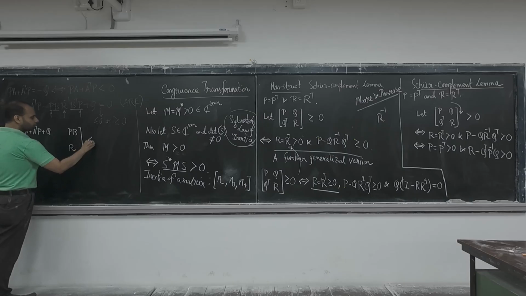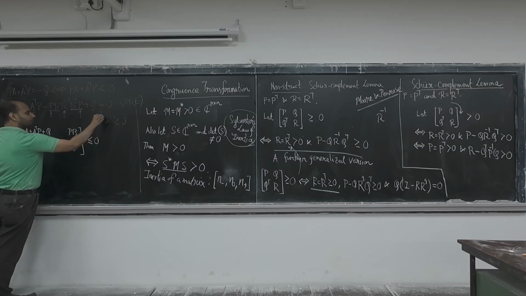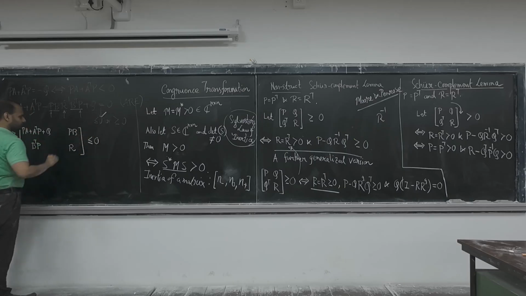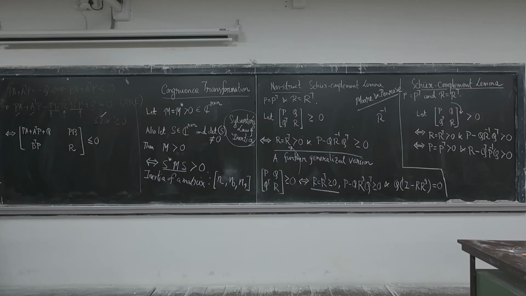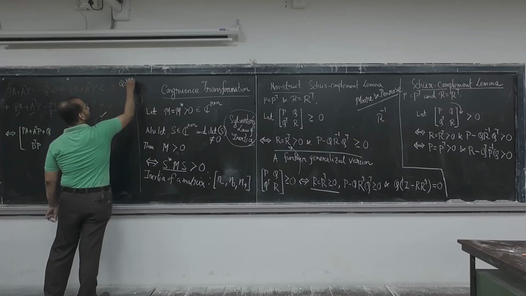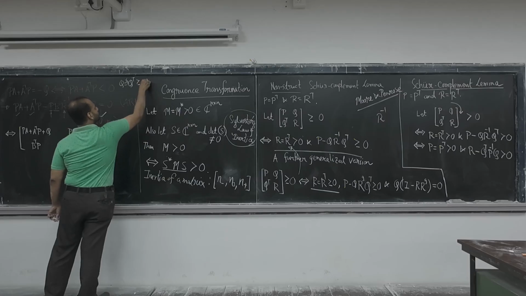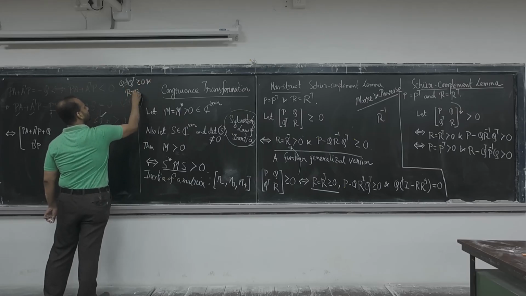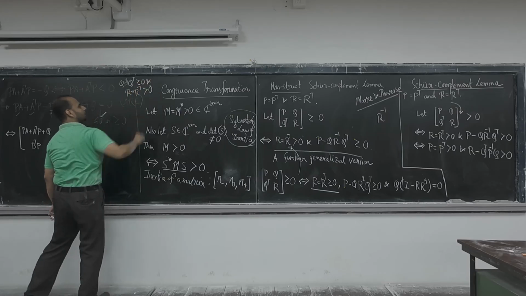That is, suppose I am considering the first one less than equals to 0. Here I am assuming that Q equals Q transpose greater than equals to 0 and R equals R transpose greater than 0.